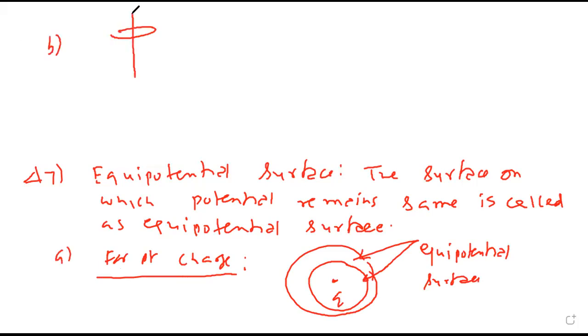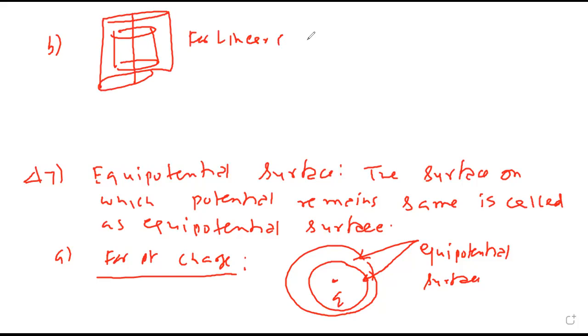For linear charge, cylinder is equipotential surface. For two parallel plates, one positive, one negative, this is electric field, then this one is our equipotential surface.